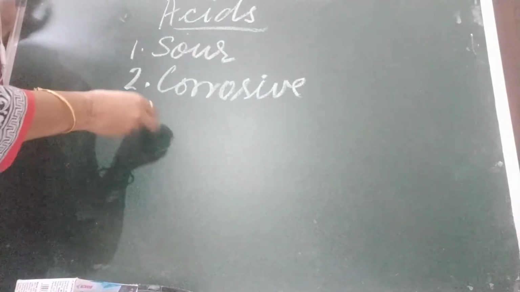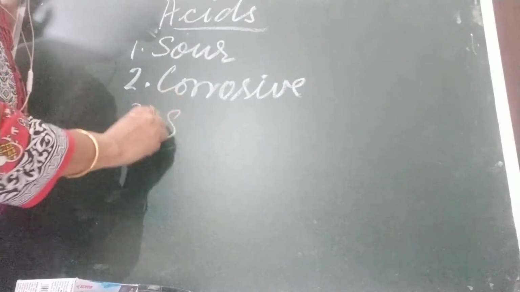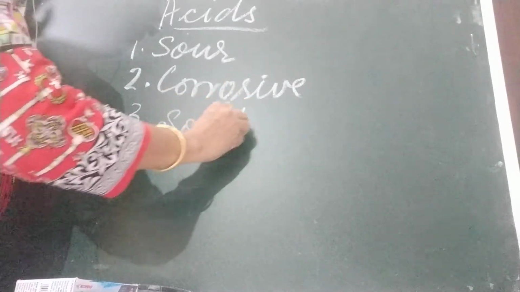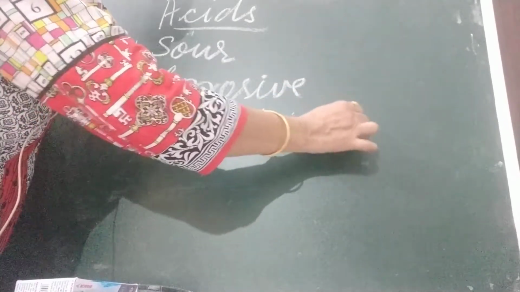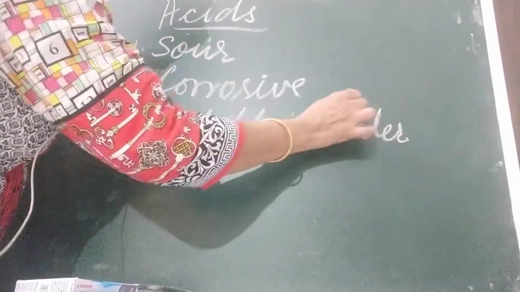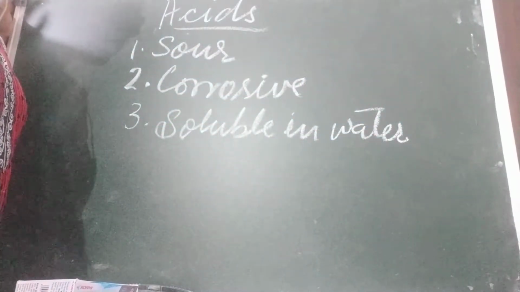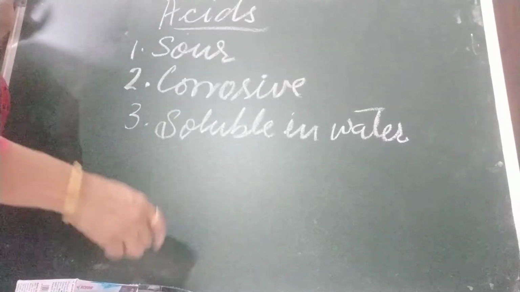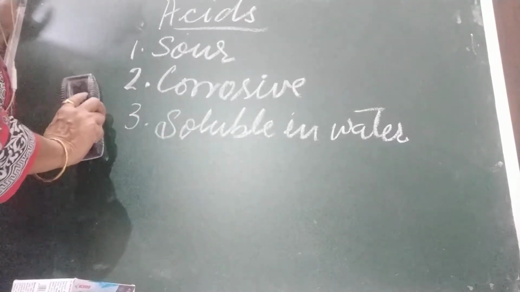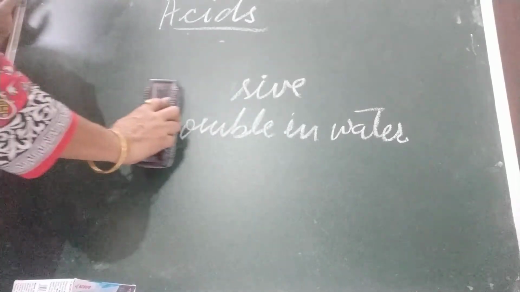The third property is that acids are soluble in water. Okay, they are soluble in water. Most acids dissolve in water either at room temperature, children, or on heating to form a clear solution. Children, the amount of acid also matters, how much acid is there.